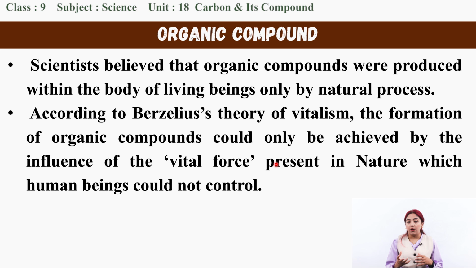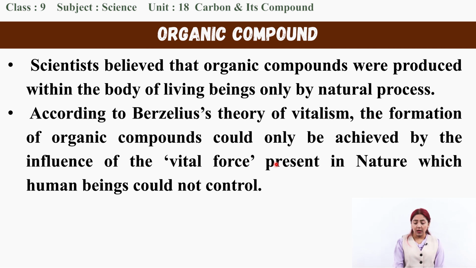And even according to Berzelius' theory of vitalism, the formation of organic compounds could only be achieved by the influence of some vital force present in nature over which human beings had no control. So, they believed that due to this vital force, organic compounds would be produced, and it was impossible to produce organic compounds in the laboratory.